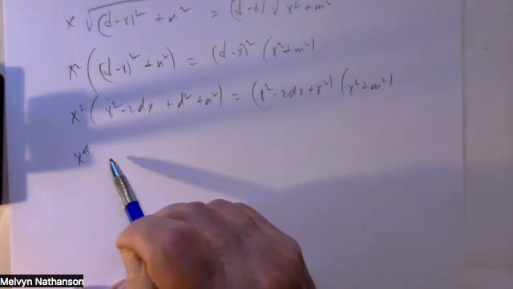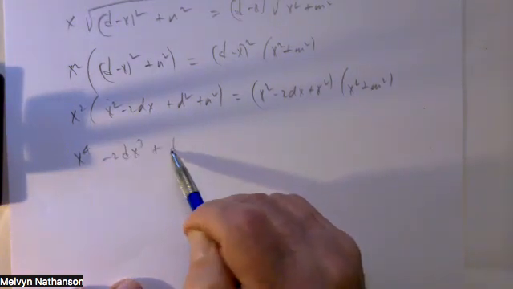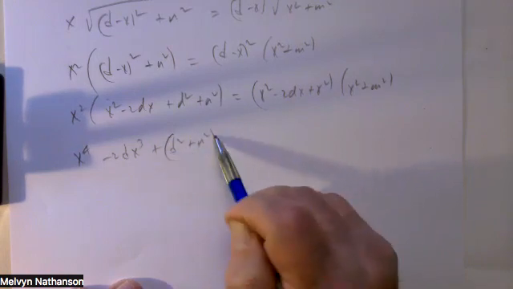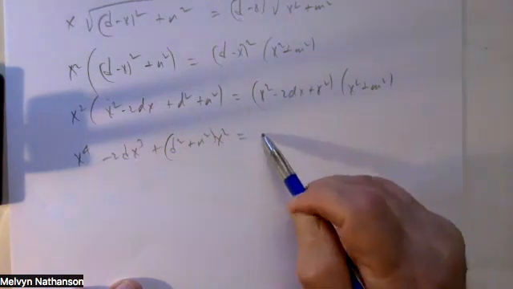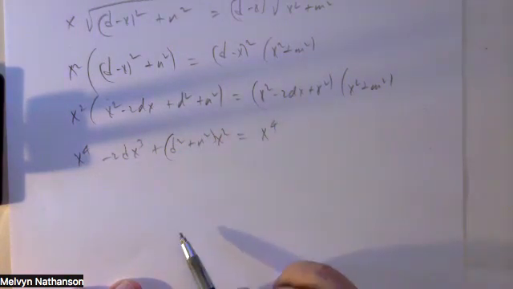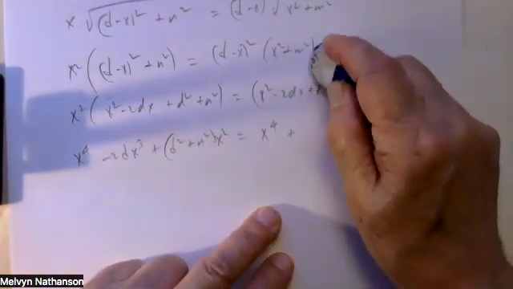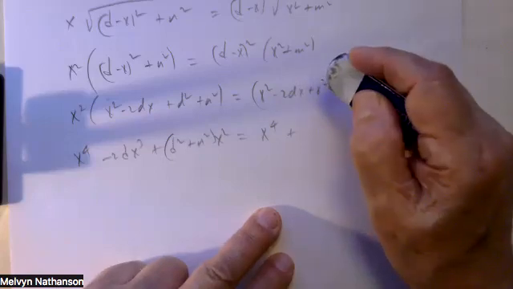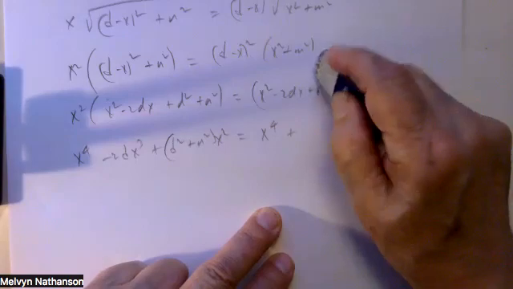This is x to the fourth minus 2dx cubed plus (d squared plus n squared) times x squared. And when I multiply this, I get x to the fourth, sorry, this is x squared minus 2dx plus d squared.